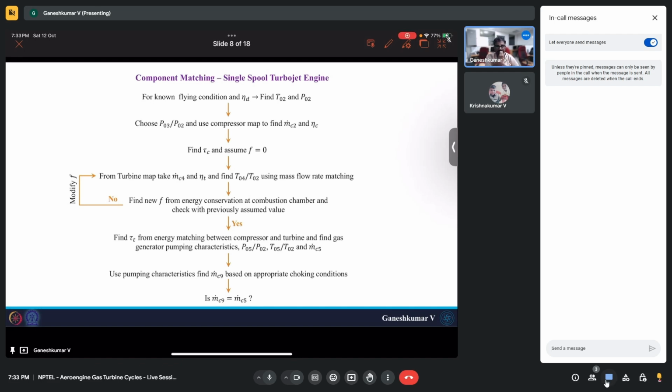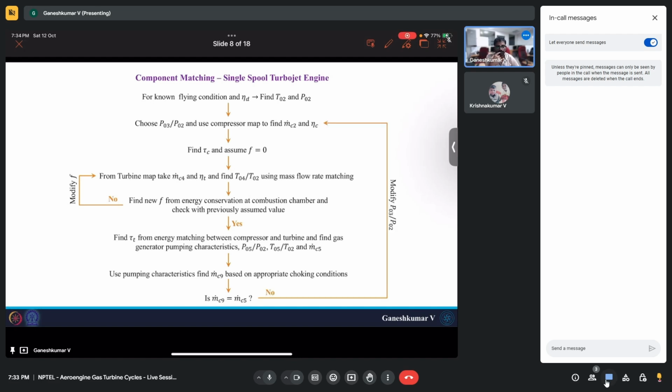All the components are matched, and T04 by T02 is the fuel flow parameter, the parameter which you try to modify in order to get different thrust, right?